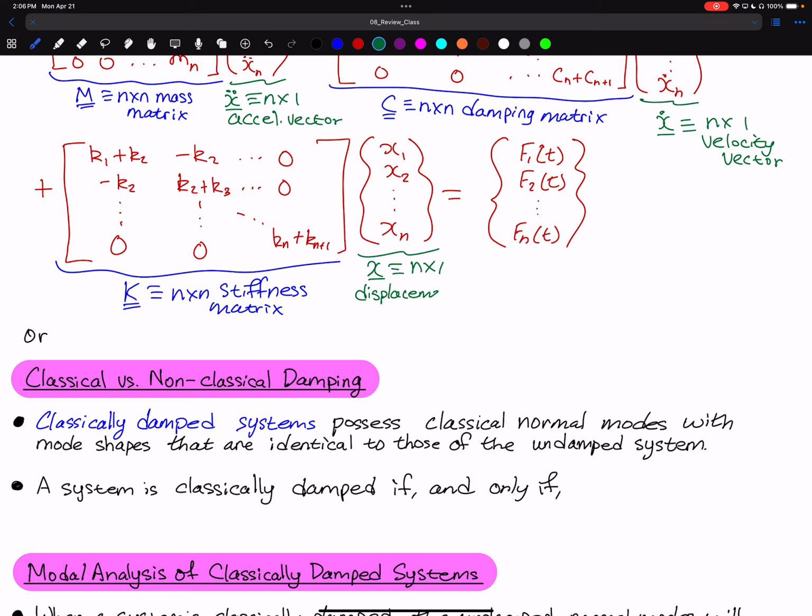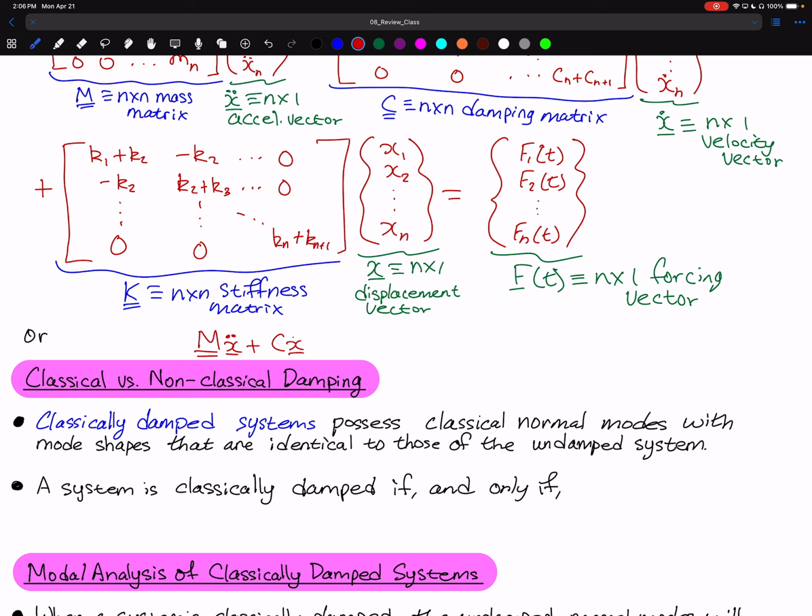And then lastly, f of t here is the n by 1 forcing vector. We can write this in a reduced form where you have M x double dot plus C x dot plus K x is equal to the external forces f of t.